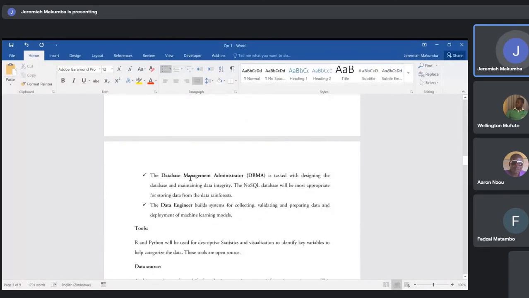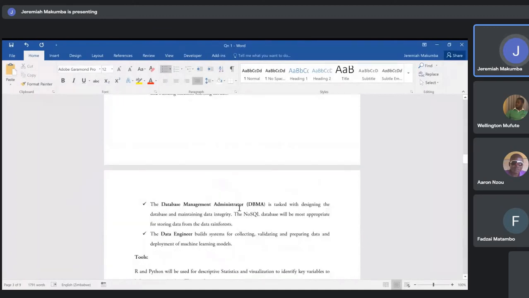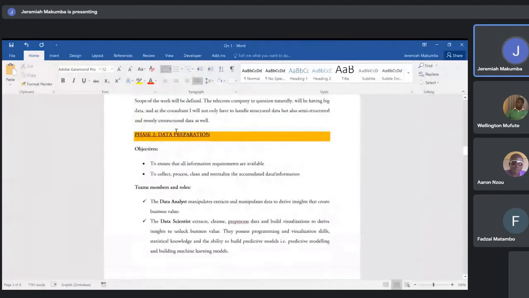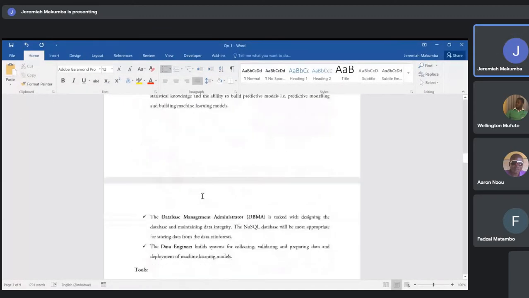Then database management administrators will also be required in designing the database and maintaining data integrity. Then the data engineer will be required in building the system for collecting, validating, and preparing data and deployment of the machine learning models, since we are at data preparation, right?